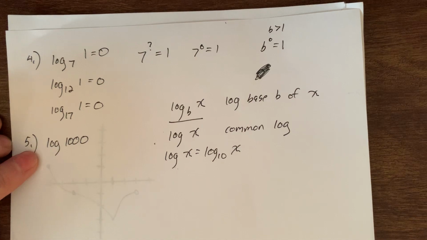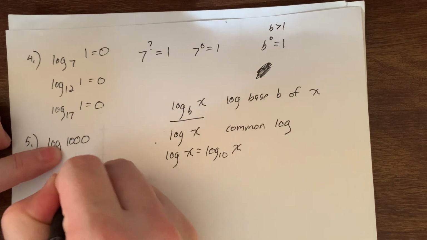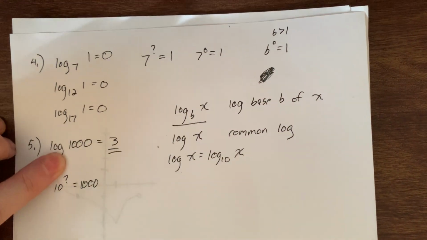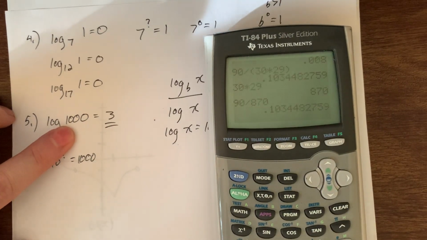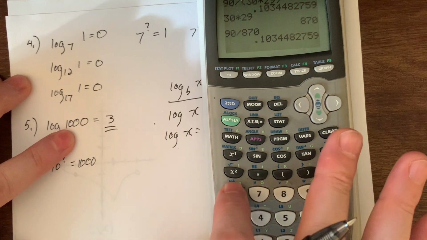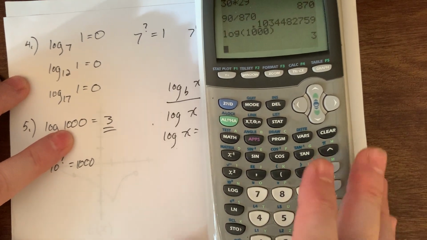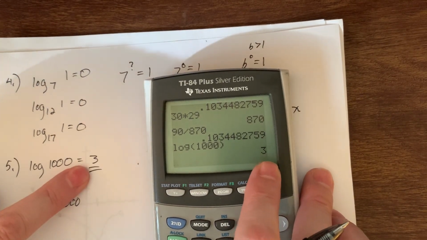It's easy to think that I forgot something, but again, no base written, so that means 10 to what power equals 1,000, and that would be 10 to the 3rd power. And if you did that on your calculator, if I use my regular log button, so log 1,000, enter, and there's the answer 3 that we had right here.